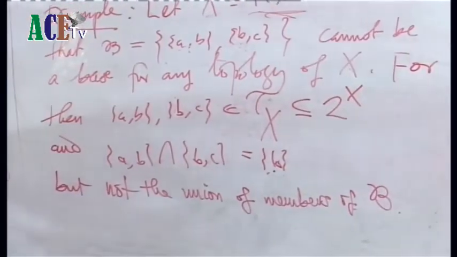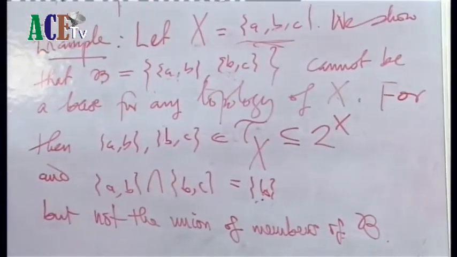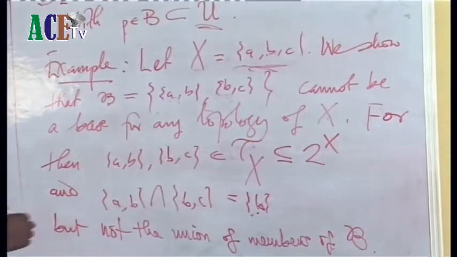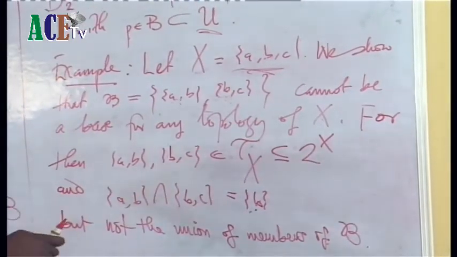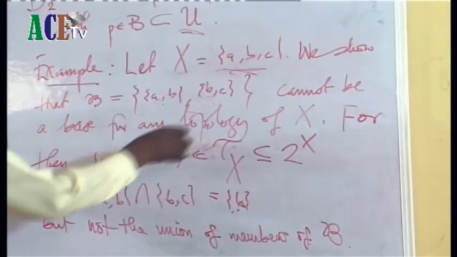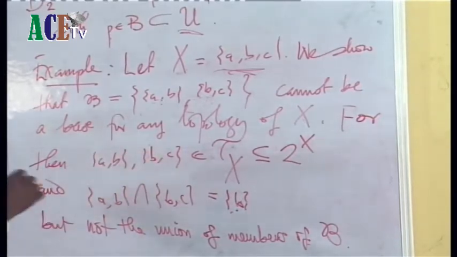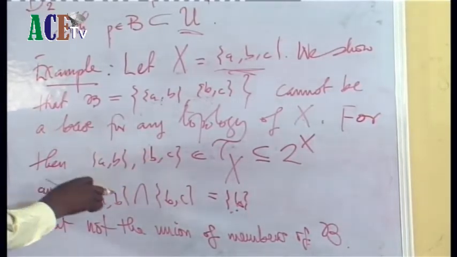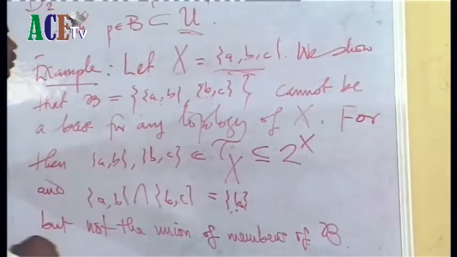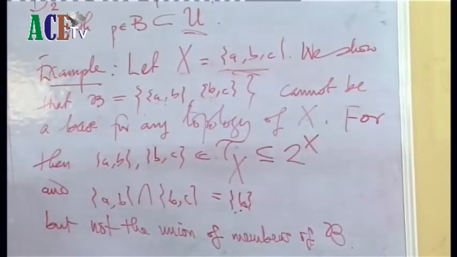But the question we want to ask ourselves is, can we always find a point in any other open set in X for which that point will be in the basis, and then the basis will be a subset of U?